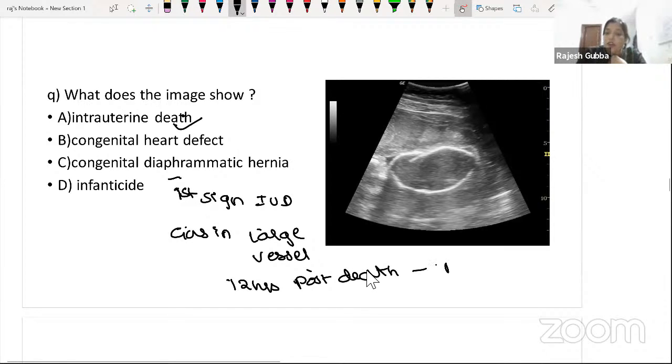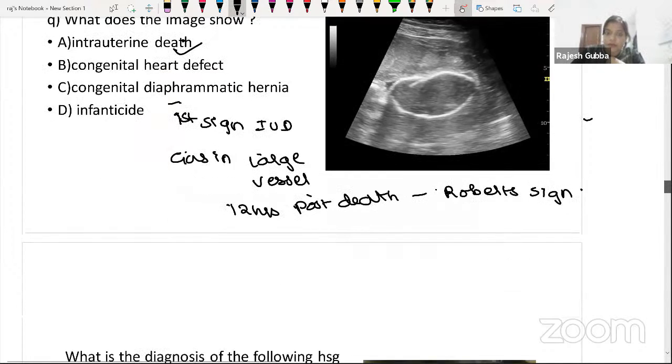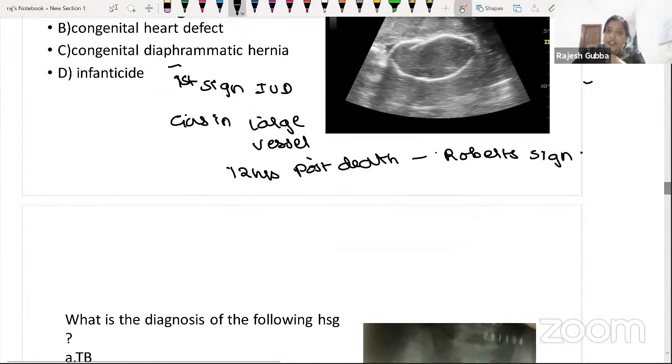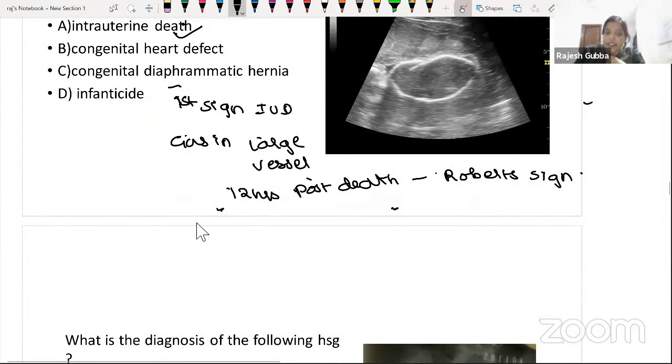It is called Robert's sign. Next, we have the Spalding sign.